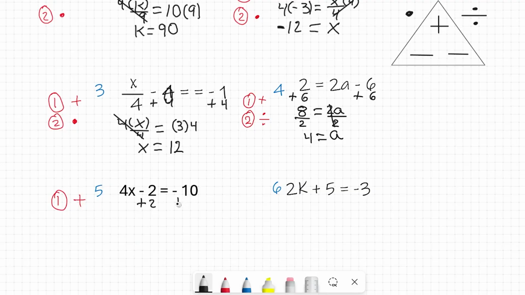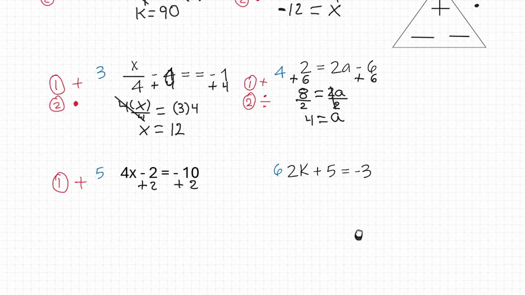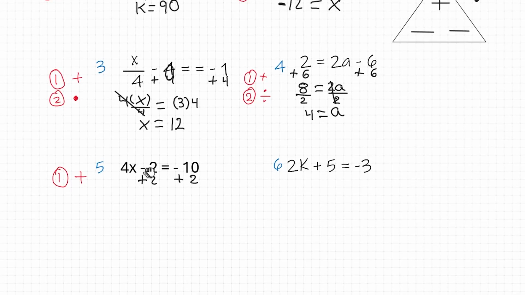Whatever you do to one side of the equal sign, you do it to the other side, adding 2. Now, adding positive and negative 2, negative and positive 2, they cancel each other out. It's going to be 0. That's how you end up with 4 times x.